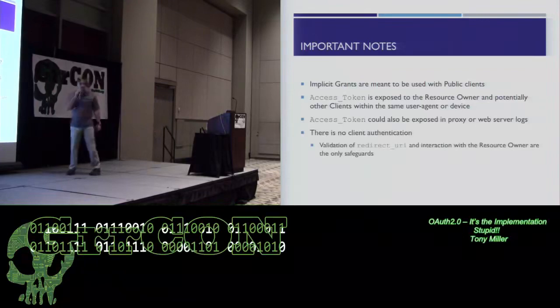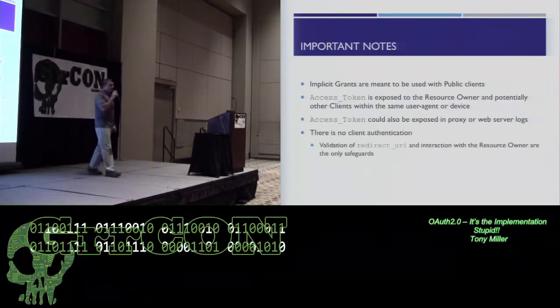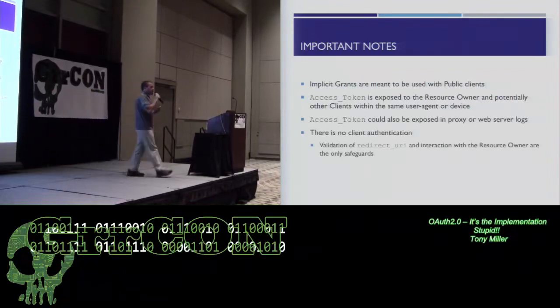There is no client authentication, and that's key to remember too. All right, you saw in the authorization code grant, yeah, client ID, client secret could pass through basic auth or whatever authentication you choose to use. The only way to authenticate a client with implicit grants is to look at that redirect URI, and hopefully we did client registration so we can validate it.